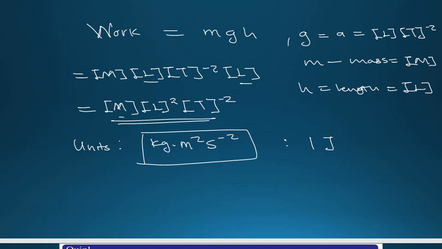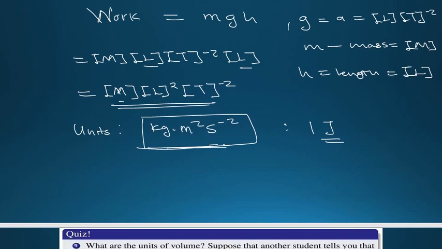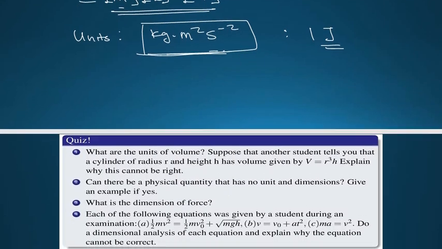That's why the unit of work is 1 joule. It's one and the same, the same emphasis I also gave about force and newtons. So let's now start solving questions on dimensional analysis. This is everything you need to know, guys, about dimensional analysis.